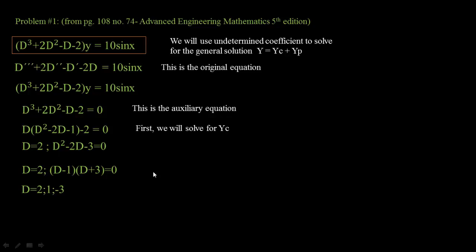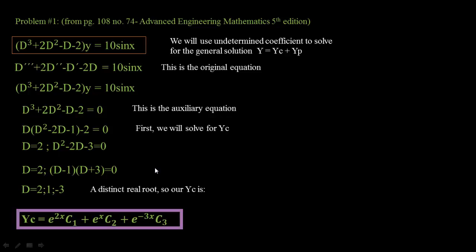So we have the roots of 2, 1, and negative 3. This is a distinct real root, case 1. So our yc is equal to e to the 2x c1 plus e to the x c2 plus e to the negative 3x c3.